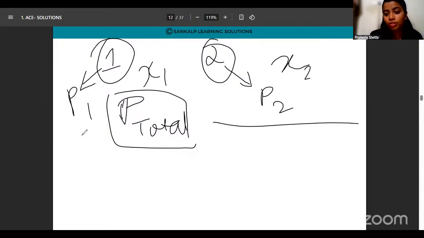You should remember what Raoult's law is so that you can understand why I told you about P1, X1 and P total. The relationship between these partial pressures and mole fractions is known as Raoult's law, but I'm going to tell the exact statement now.